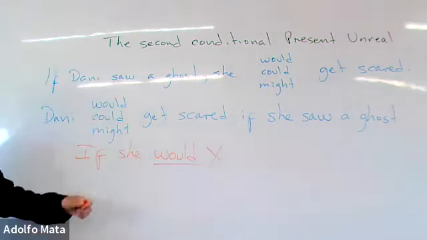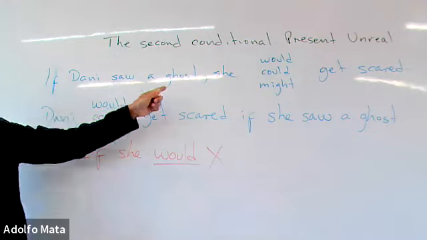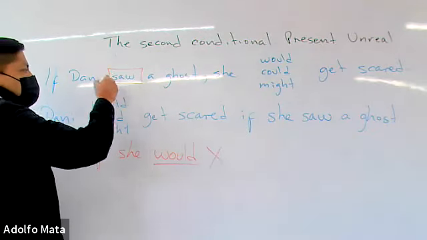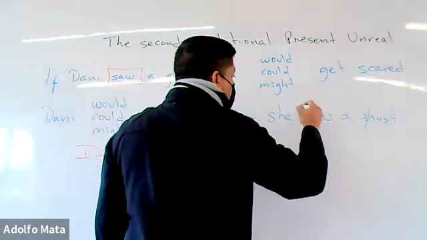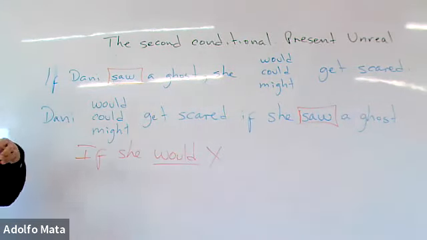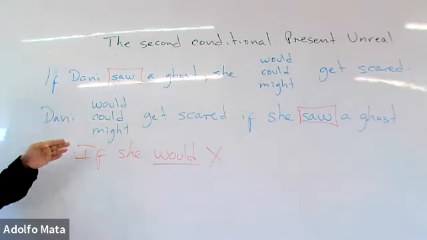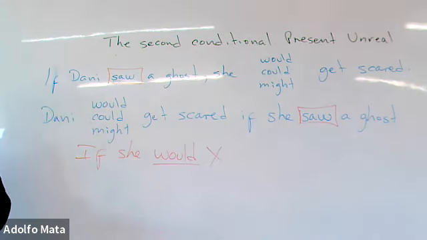This is wrong. We don't use would after if, not in a conditional, not in a second conditional. So after if, we're going to use simple past. And then in the second sentence, in the main clause, the one that is not the conditional, we have three options: would, could, or might. Is that clear?